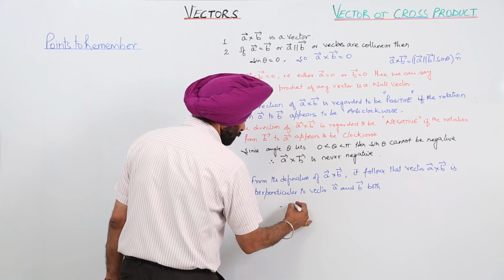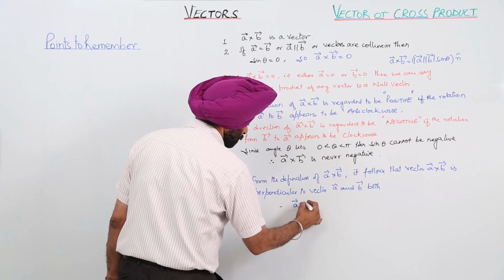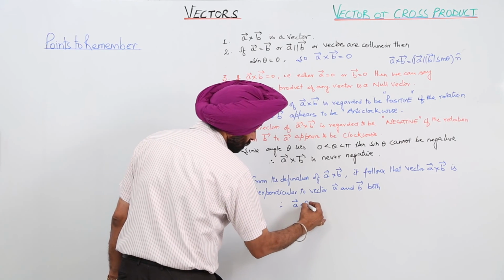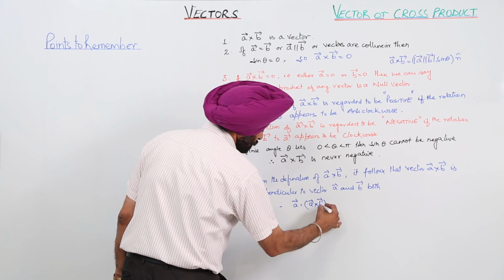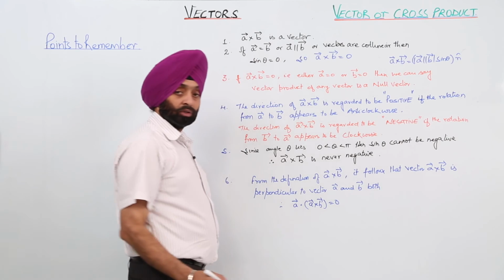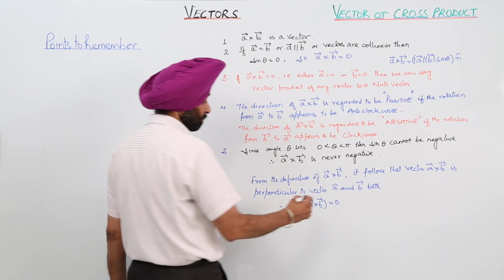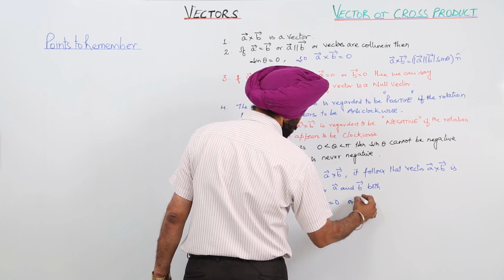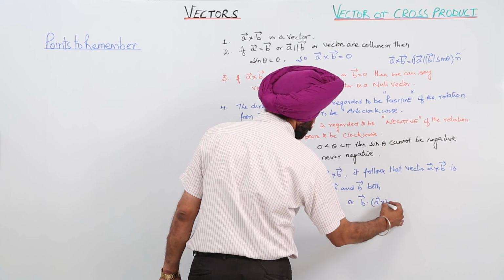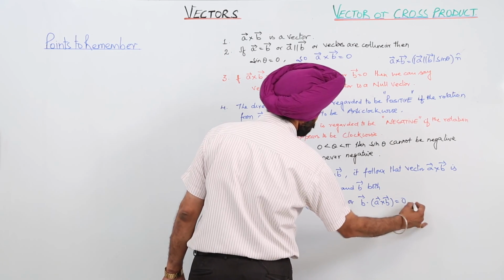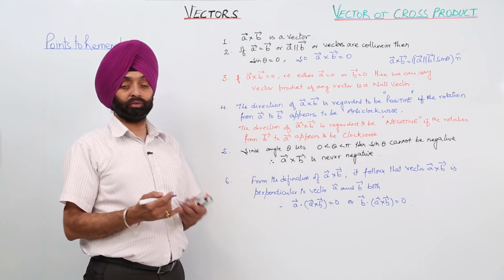Therefore we can write: vector A dot the cross product of vector A and B is equal to 0 because they are perpendicular, or vector B dot the cross product of vector A and vector B is equal to 0. So these are a few points which we have to remember.